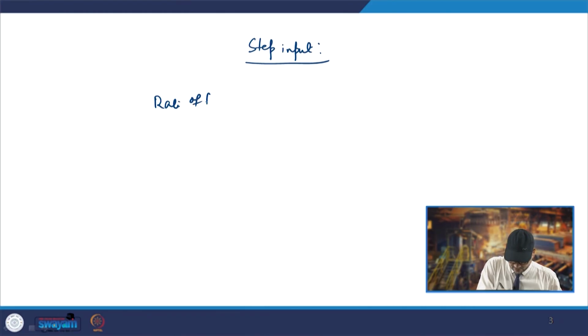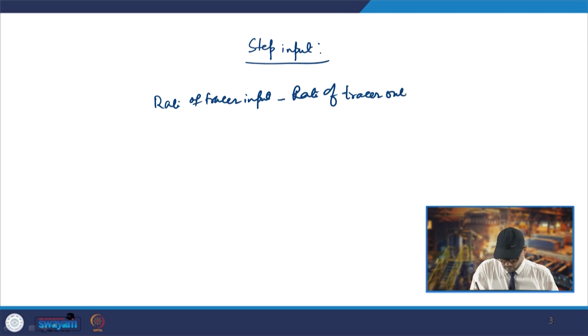Now, in that case again you can have the analysis, like you have the rate of tracer input minus rate of tracer output, that will be the rate of tracer accumulation.